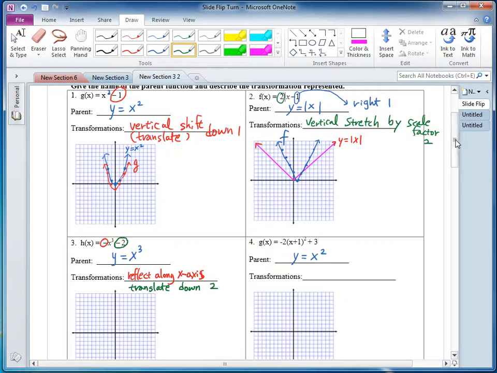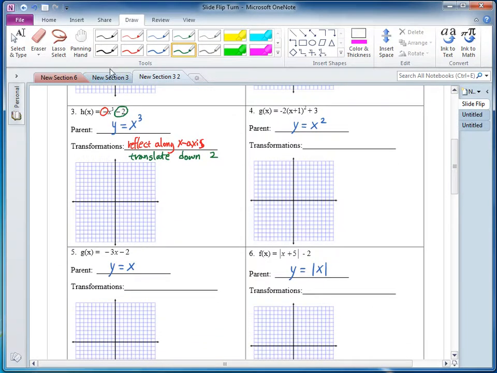So let's graph. Third one, the parent function with the blue color. 0, 0, 1 times 1 times 1 is 1. And 2 to the third power, 2 times 2 times 2, is 8. This is a 10 by 10 grid, so this is 8. And in the opposite direction, since this is an odd function, I have the same location with the opposite direction.